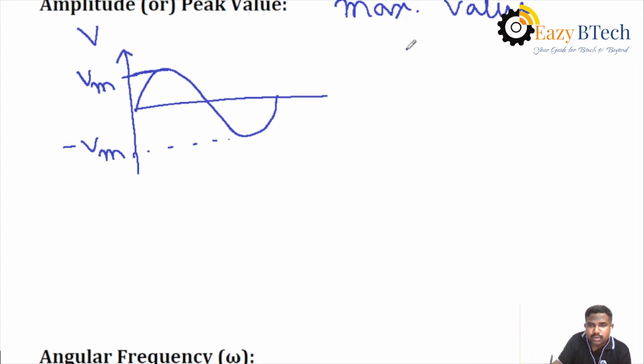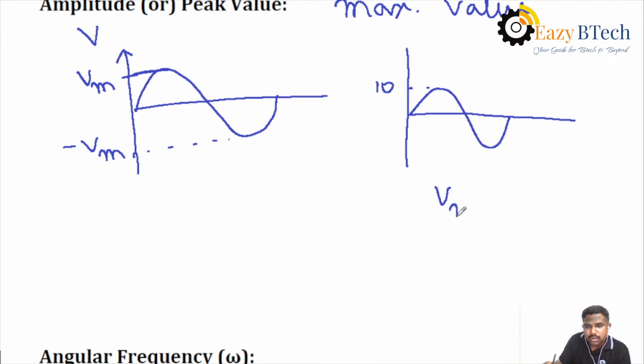For example, in a simple problem, the value is taken as 10. You can denote the maximum value by Vm if the given waveform is a voltage waveform. If the given waveform is a current waveform, you can take it as Im.